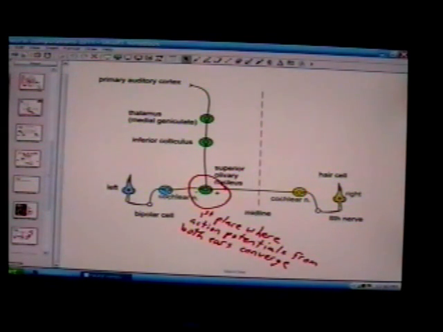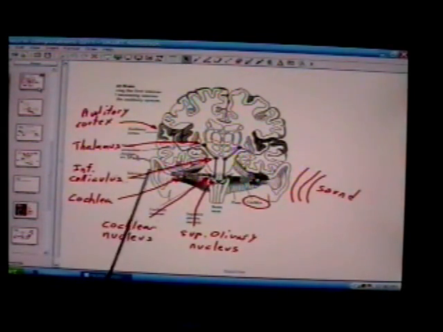That's because if the sound comes from this direction, the sound will hit this ear first and this ear a little bit later. The amount of time it takes for the sound to get across the head doesn't seem like much, but the nerve cells can detect that delay, and use it to compute where the sound came from.